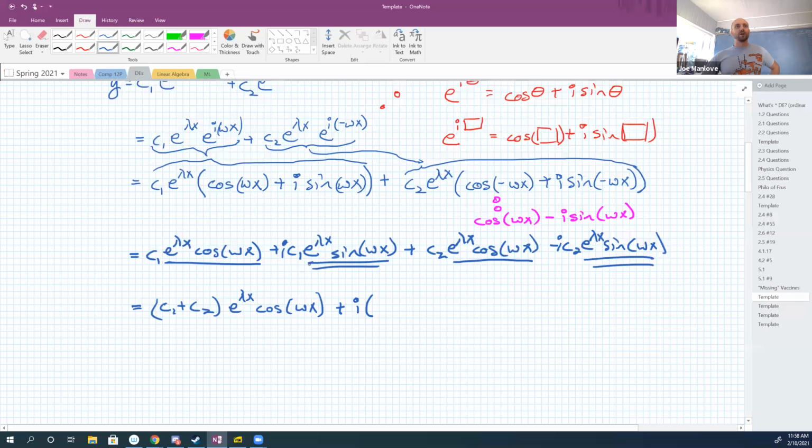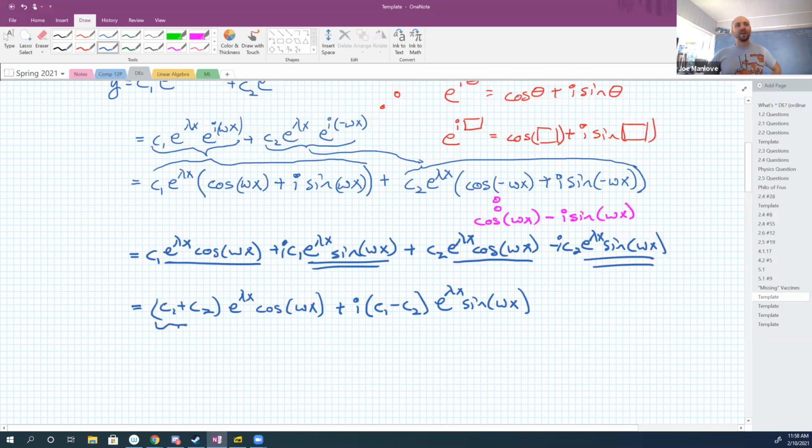So the coefficient there is C1 minus C2. And then I've got e to the lambda x sine of omega x. And then this is kind of the trick. This arbitrary constant here and this one here are just arbitrary constants, and they're different.